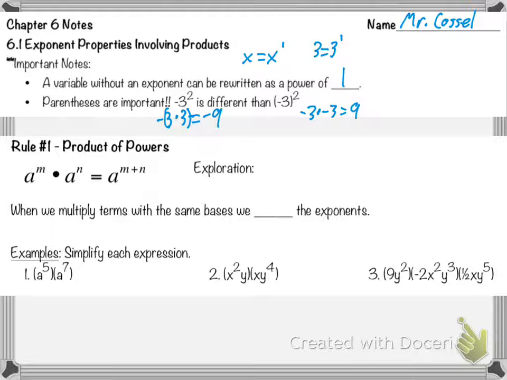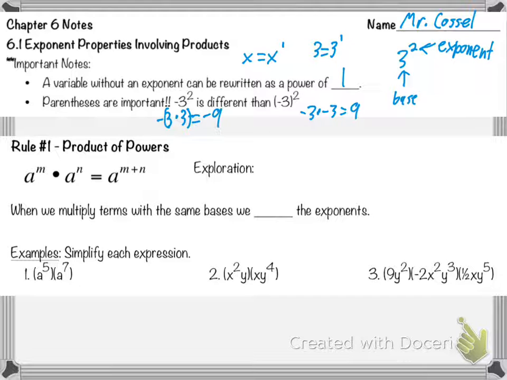Notice these are the same number, they're the same base. A reminder on exponents, if we have 3 squared, the 3 is the base, and the 2 is the exponent.